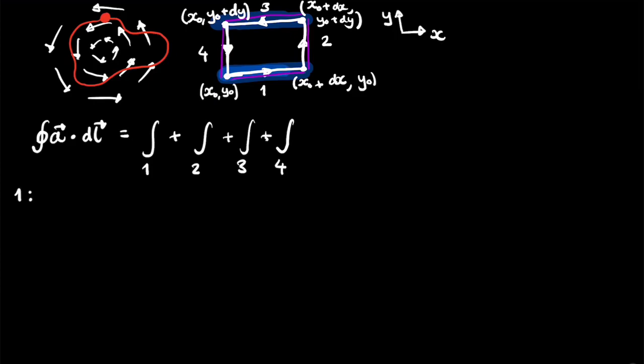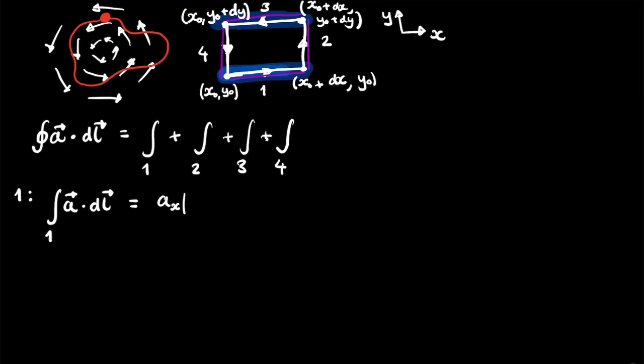So along path number 1, let's just think about what the integral is going to be along path number 1. The integral of a dot dl across this path is simply going to be the x component of a, because remember a is a vector and we're only interested in the x component because this is only along x.